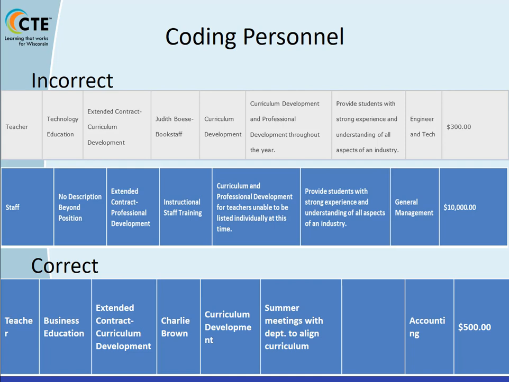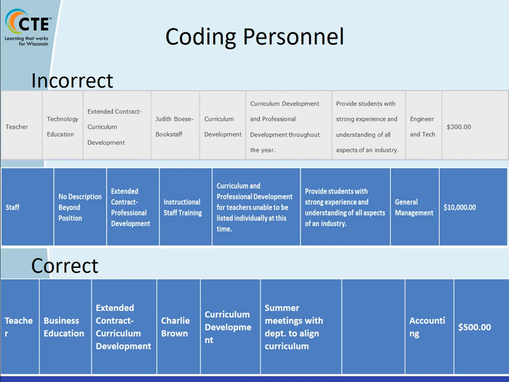There must be an intentional plan for academic teachers to receive professional development related to curriculum integration. It can't be general, and it must be to move a program of study forward. Curriculum development outside of contracted time, as well as professional development, must be planned for with a specific purpose and cannot be coded generically to every CTE teacher in a district.